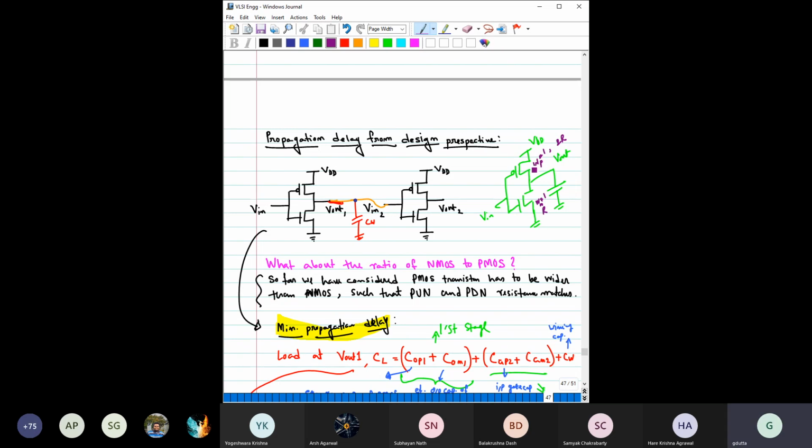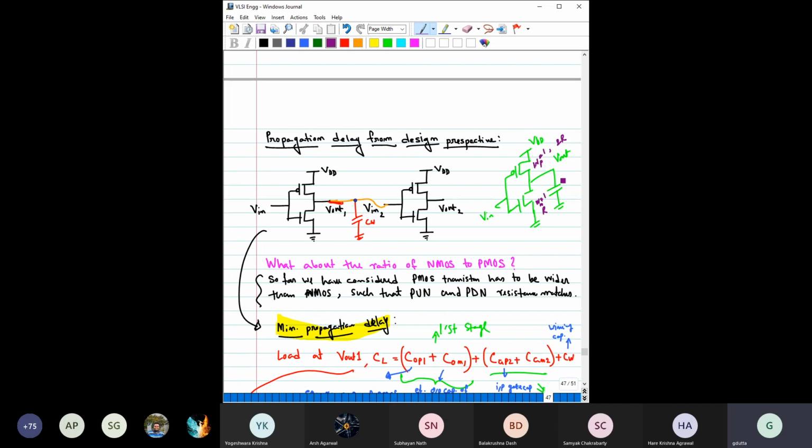If the mobility is lower, then the resistance offered by that transistor would be higher. So with the same width, we get 2R here and R here, assuming the hole mobility is half of the electron mobility.